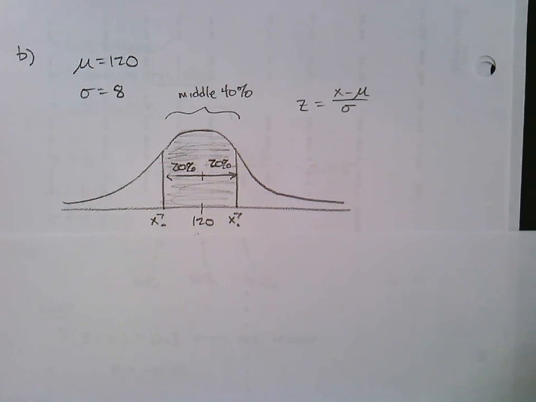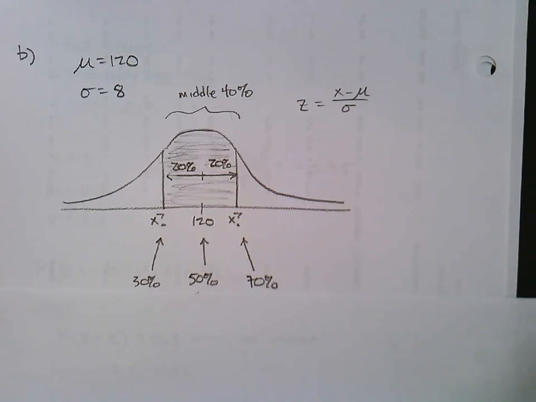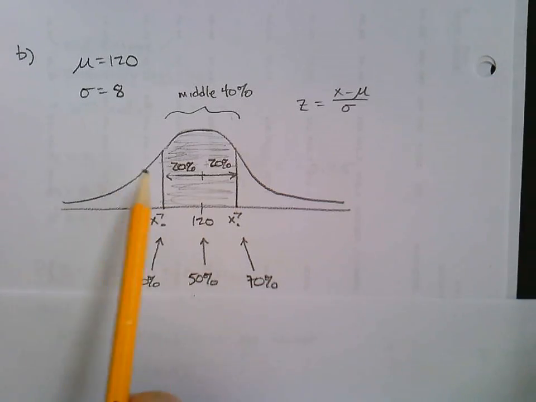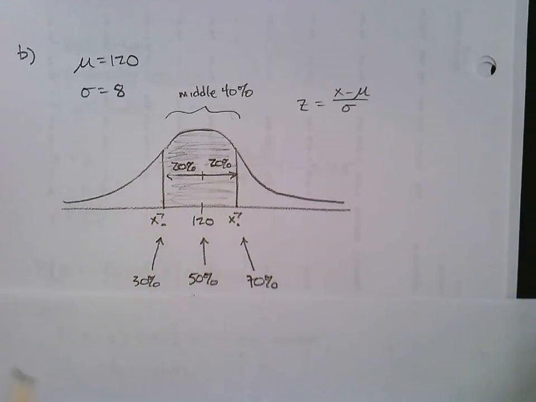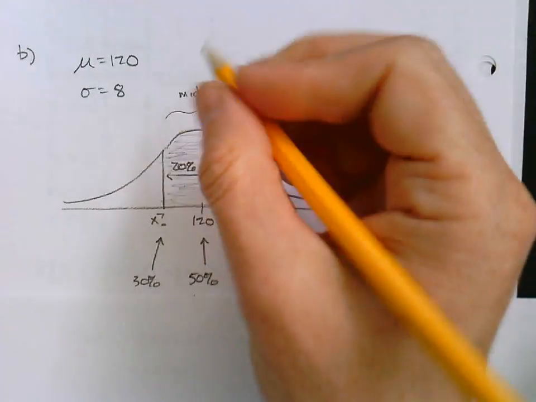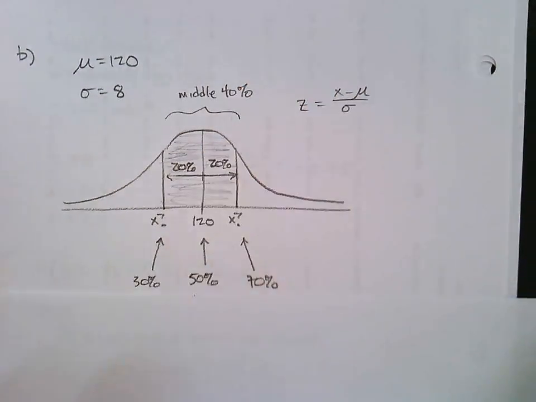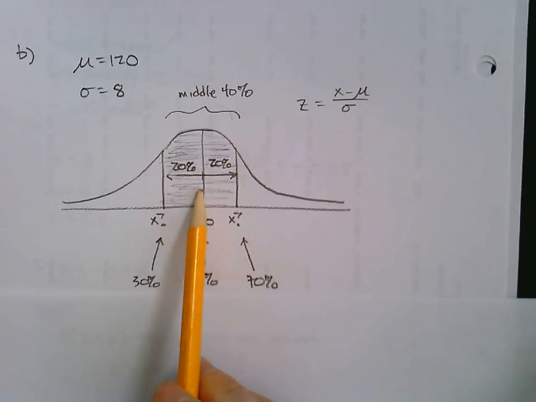Okay. Well, how do we even begin to find these z-scores? So this is something I find useful. I'm going to label how much of the data is below each one of these locations. So I know if I start at the middle, if I'm right there at the center, 50% of the data is below.